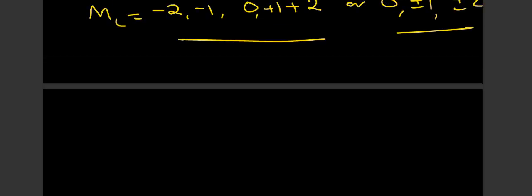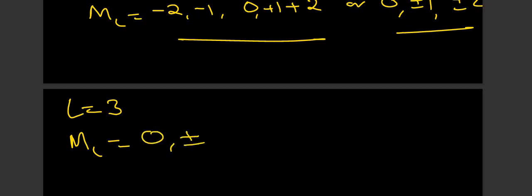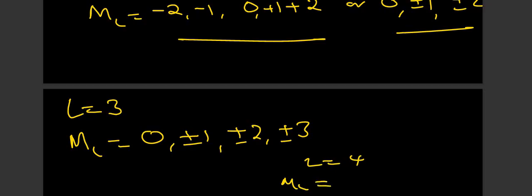So when our L is equal to 3, ML will be 0, plus or minus 1, plus or minus 2, plus or minus 3. Then the other one will simply be L is equal to 4. ML values will be 0, plus or minus 1, plus or minus 2, plus or minus 3, plus or minus 4.